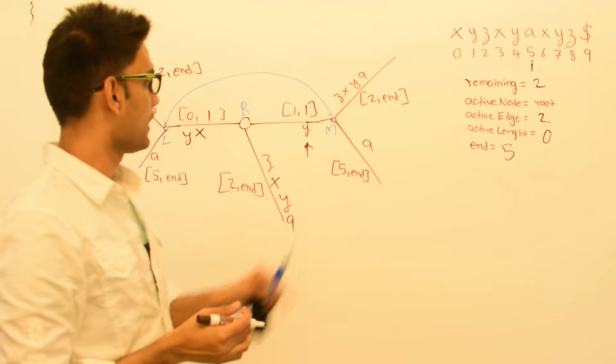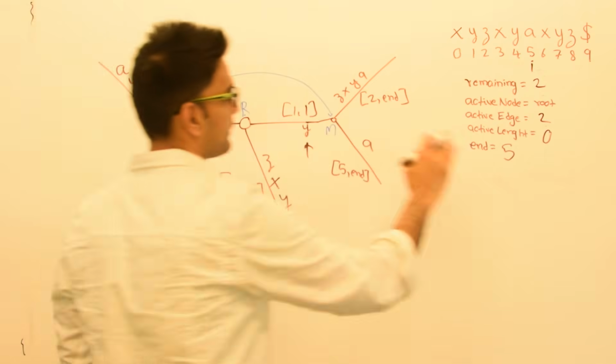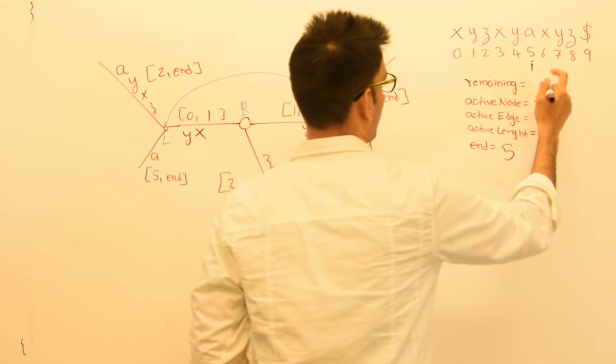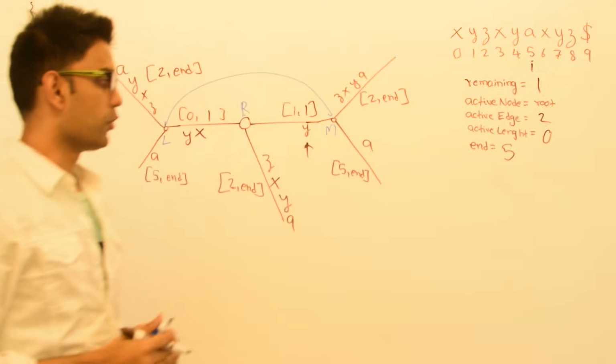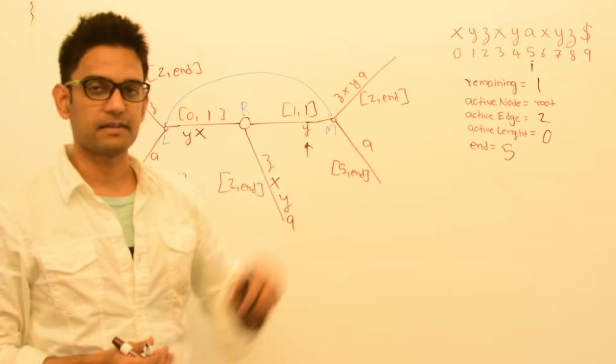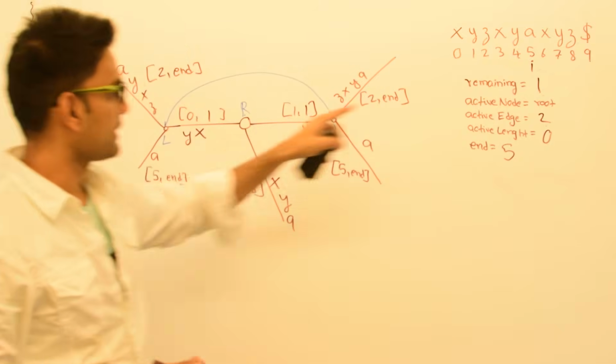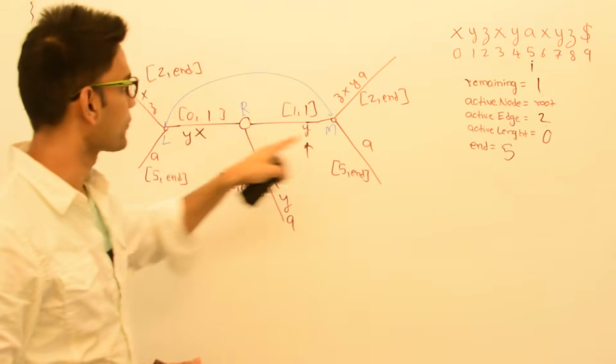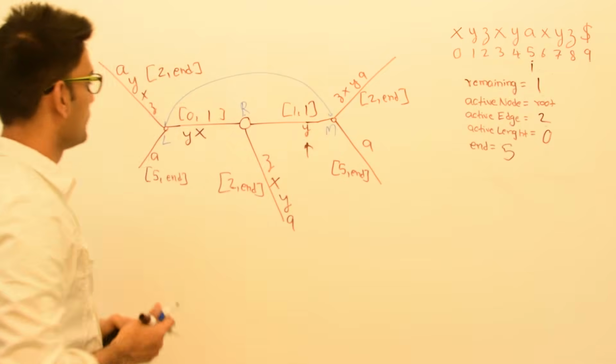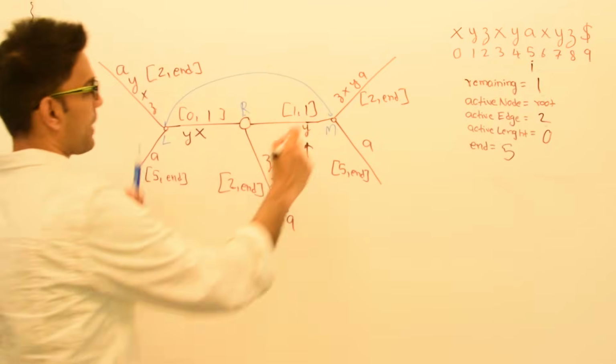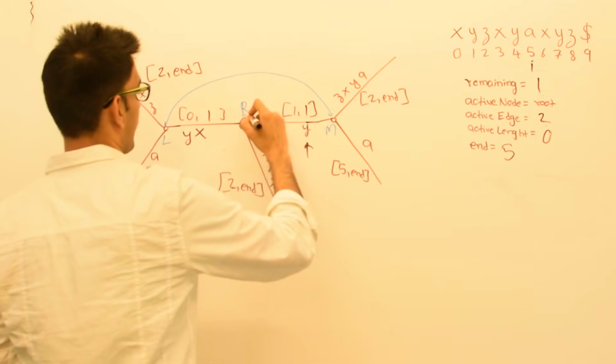Also, since we created a leaf edge, we decrement our remaining by 1, so remaining becomes 1. Since active length is 0, we check, is there a path from root starting with a? There is no path, so we'll have to create one.